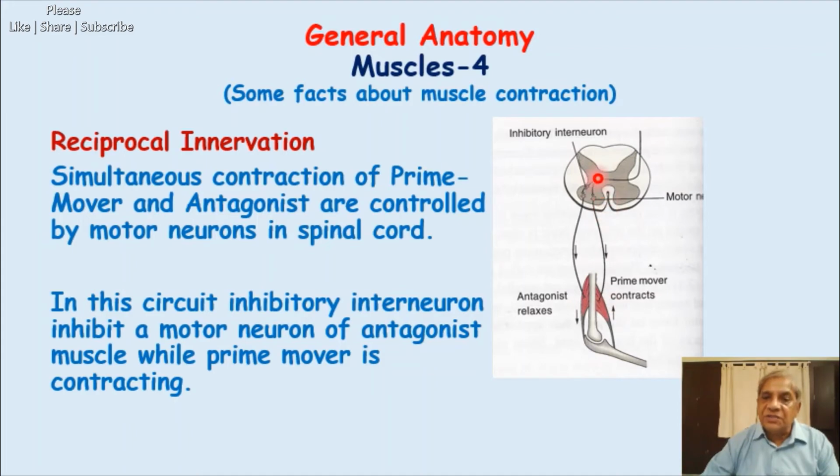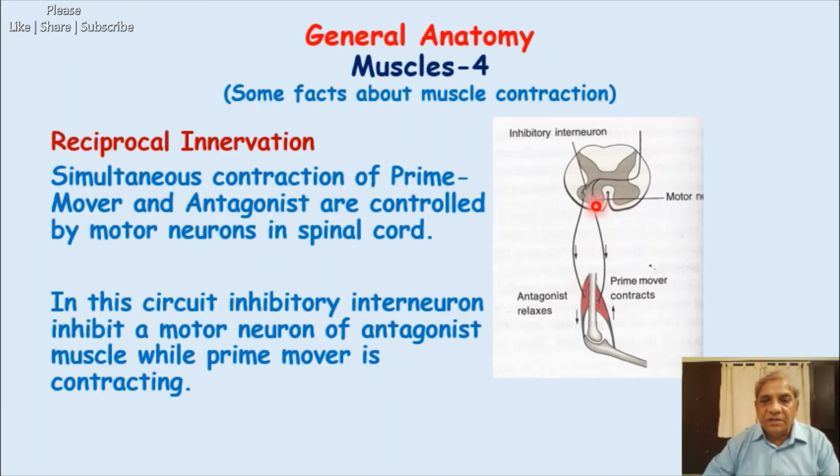But the other branch will go and end in another neuron in the anterior horn cell of the spinal cord, which is called an interneuron. Okay, after a few days I will teach you the nervous system, general anatomy, then I will tell you about this interneuron. This interneuron then will stimulate the other neurons here, which are extensor neurons, and they will supply the antagonistic muscle, that is the triceps.